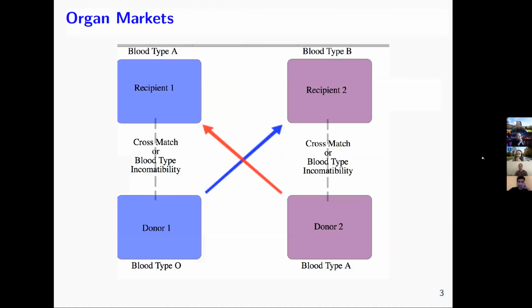So such an informed audience already knows that market design has had various applications in health. I'll give a couple of applications. One prominent example where both computer scientists and economists have contributed is that of organ markets, in particular kidney exchange.